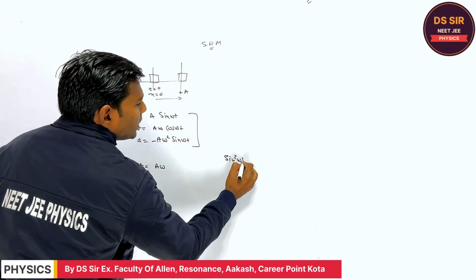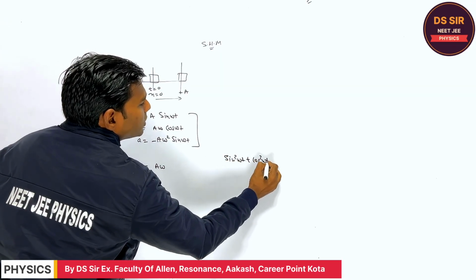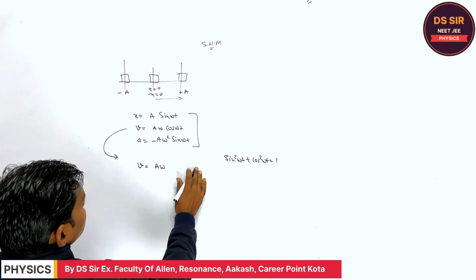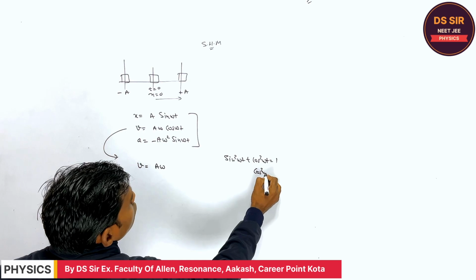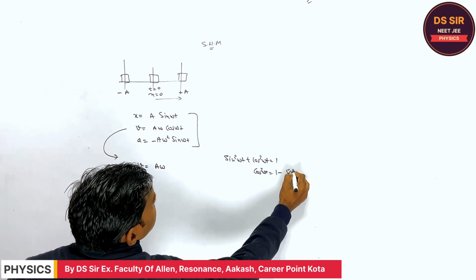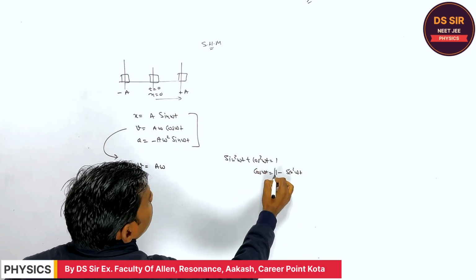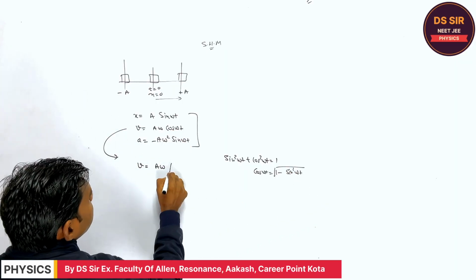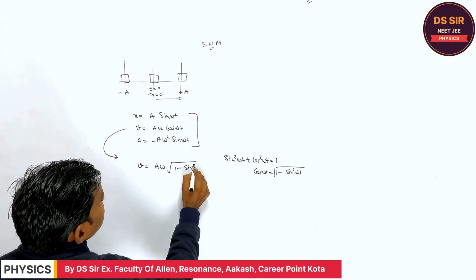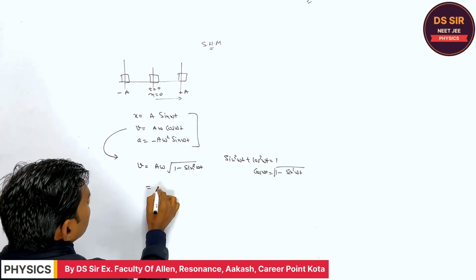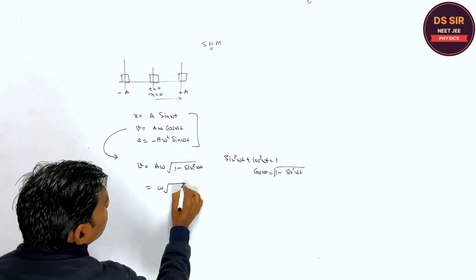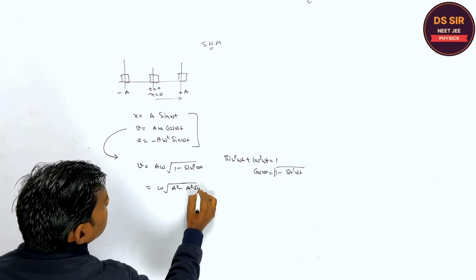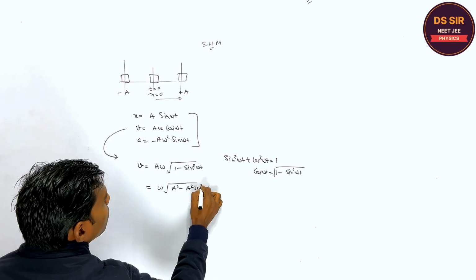Using sin square omega t plus cos square omega t is equal to 1, cos square omega t may be written as 1 minus sin square omega t, and if you take the square root, in place of cos omega t, I can write root of 1 minus sin square omega t. Is it clear? If you multiply by a, if it is inside the square root, then it may be written with a square. Is it clear or not?